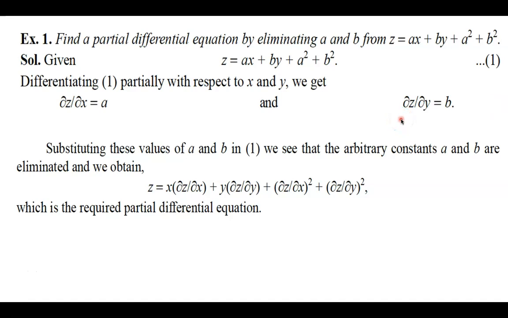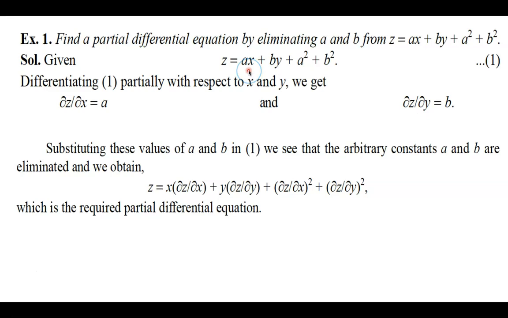Similarly, when we differentiate this relation, equation 1, with respect to y partially, we will be getting dou z by dou y equal to b. So we can write a is equal to p and b is equal to q using the notations we mentioned earlier.